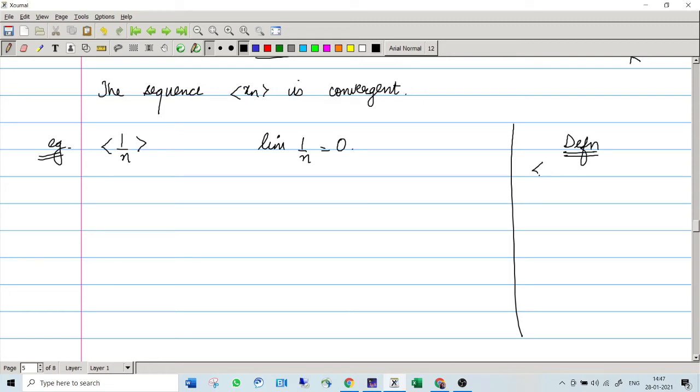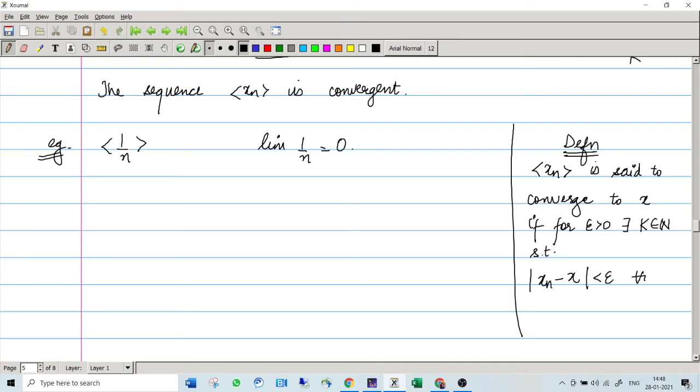So let me quote the definition for the time being. The sequence xn is said to be convergent, or it is said to converge to x, if for epsilon greater than 0 there exists some natural number k such that |xn minus x| is less than that epsilon for every n greater than or equal to this k, right?